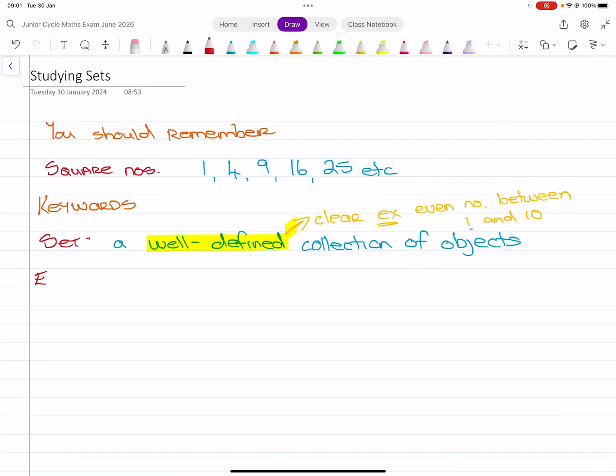So the second keyword was element. The symbol for element was this. The symbol for not an element was this. And then do you understand what an element is? So 6 is an element of {2, 4, 6, 8}, because 6 is in the set. So I understand what an element is.